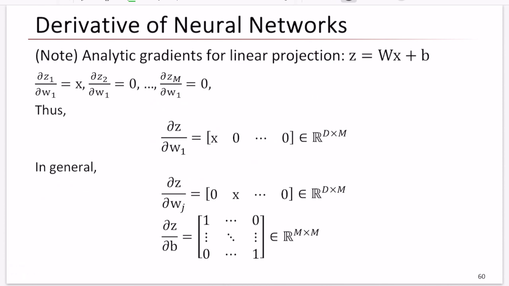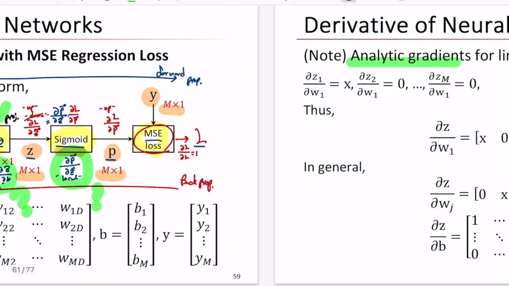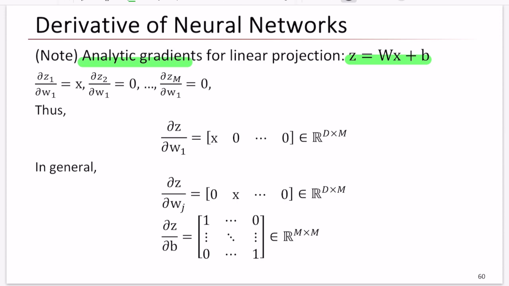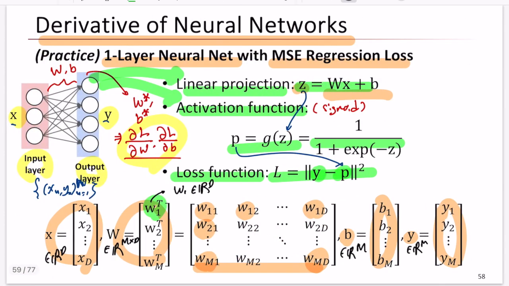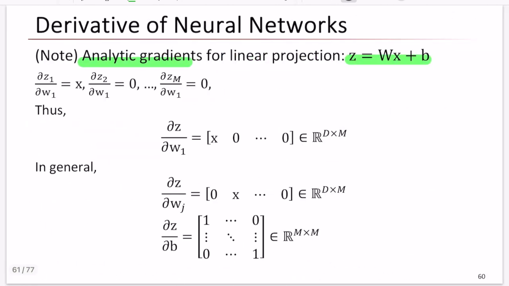Now, first of all, let's talk about the linear projection layer. We have to consider the analytic gradient to compute the local gradient for the linear projection layer. As we discussed here, in our vector setting, Z was a vector, let's say an m-dimensional vector, so it consists of m elements.